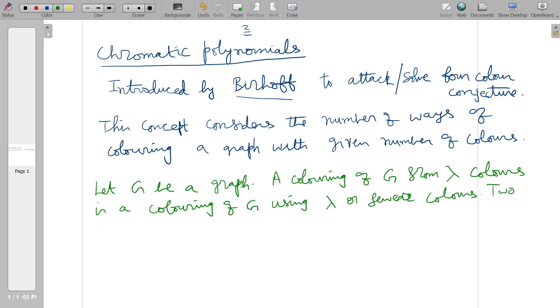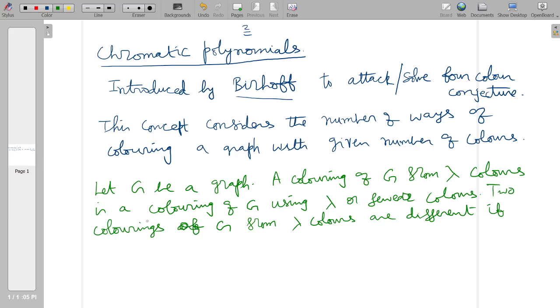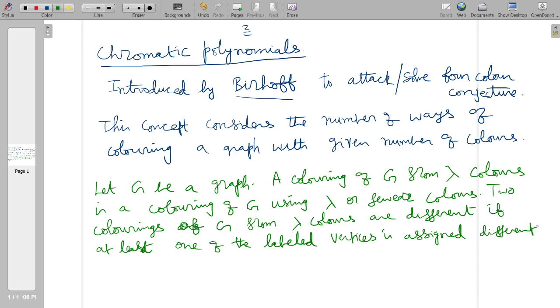And now you say that two colorings of G from lambda colors are different if at least one of the labeled vertices is assigned different colors.